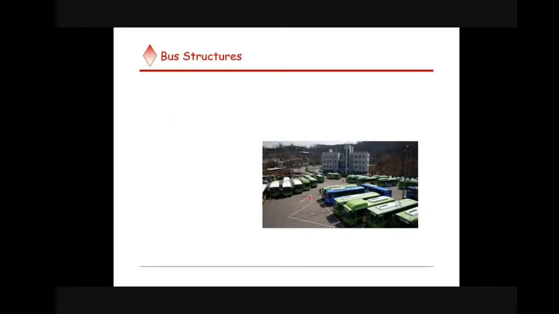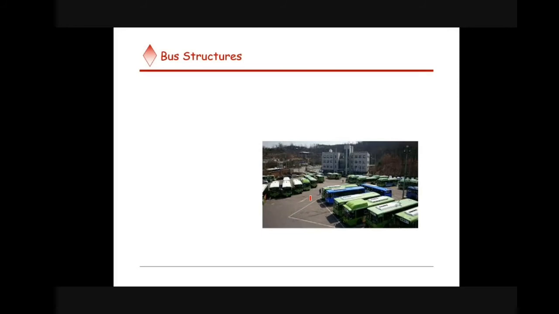So, bus structure. What is the use of a bus? A bus takes people from one place to another. Even here, we will have a set of connecting wires that connect different functional units. What are the different functional units we already studied? Input unit, output unit, memory, processor or arithmetic logic unit, and control unit.